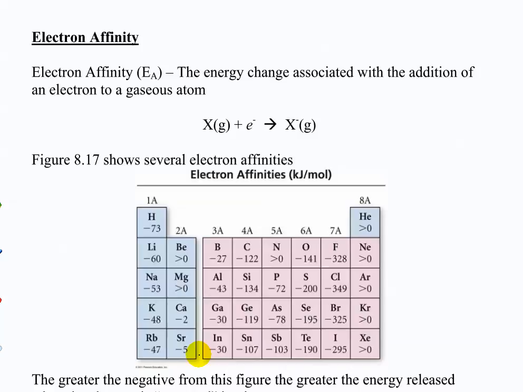But the point here is to look at these numbers, and the ones that are more negative mean that more energy is released when an electron joins. So for instance, this row has very, very largely negative electron affinities. Why do you think that is? Based on electron configurations. Because you need one electron to make a full shell. Exactly. If any of those atoms get one electron, suddenly they have a full shell.